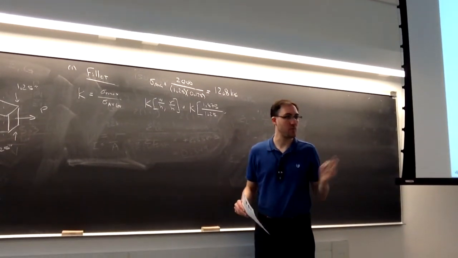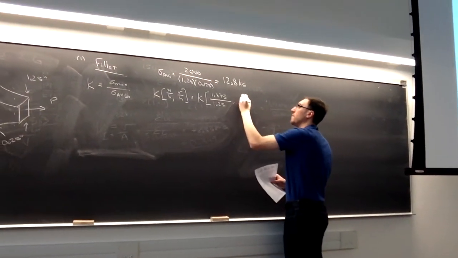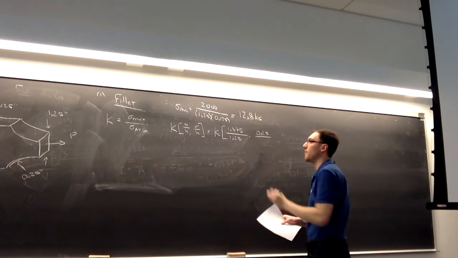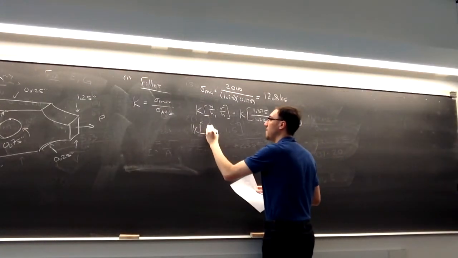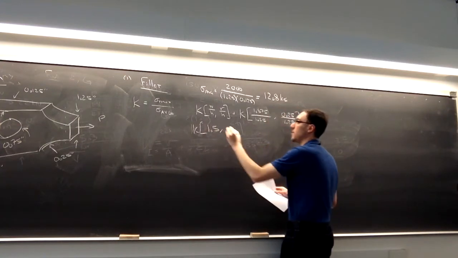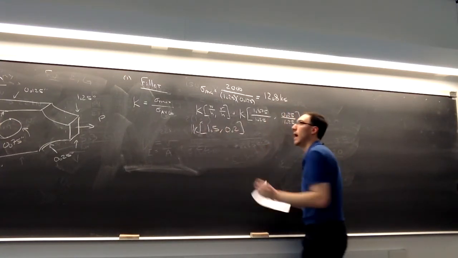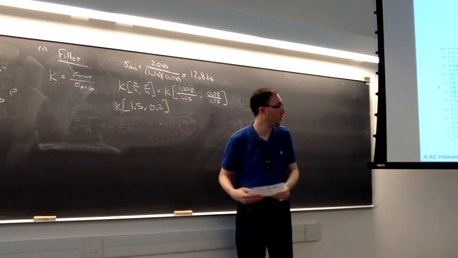R, for this one, is the radius of the fillet, 0.25, over the H value of 1.25. W over H is 1.5. And R over H is 0.2.